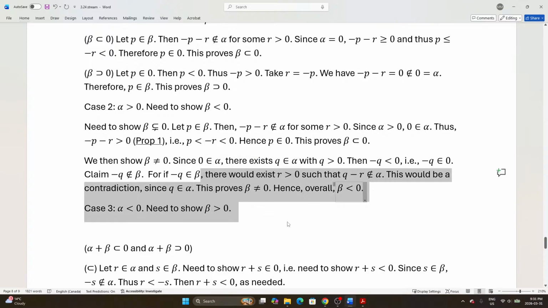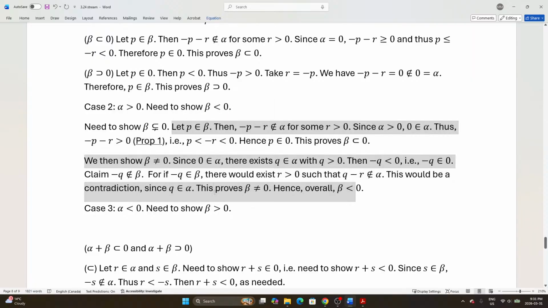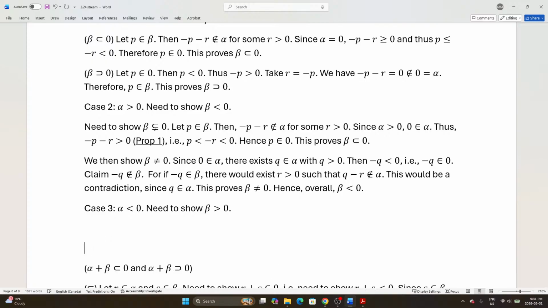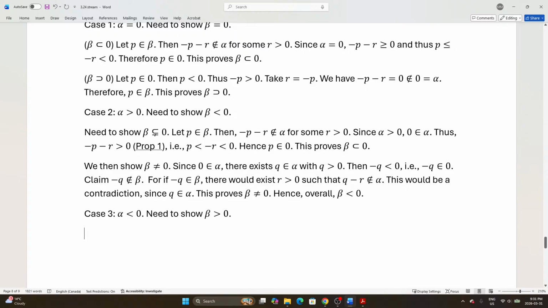So beta is less than zero in this case, and that's case two done. Let's prove case three. I think this should be not easier, but similar to case two because it looks quite symmetric.